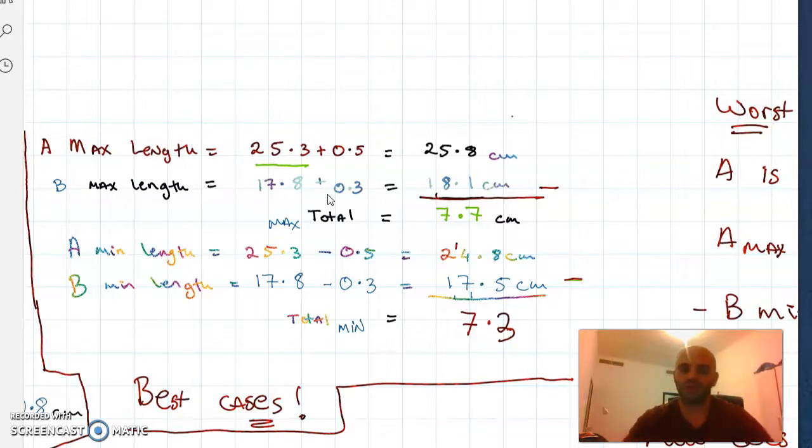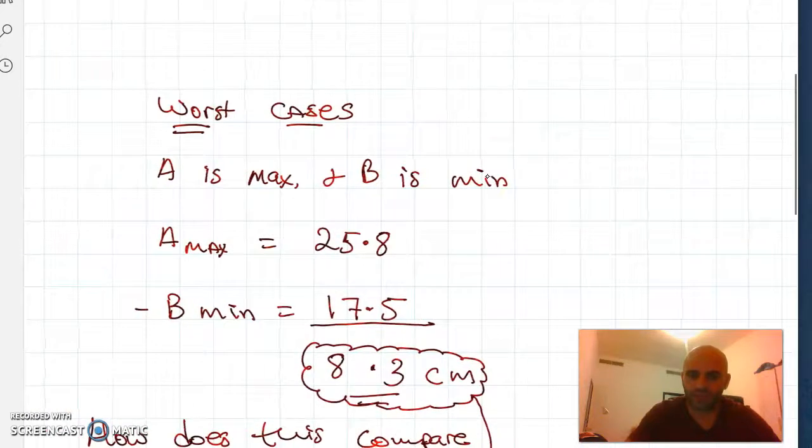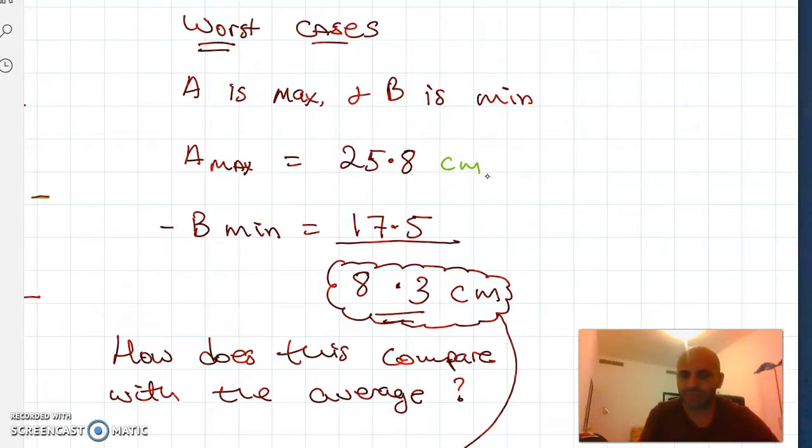Okay, so the worst case scenario, I would use this figure here and this figure here. So I'll do that over here on the side. Where A is maximum, I've got 25.8 centimeters, and where B is minimum, I've got 17.5 centimeters.